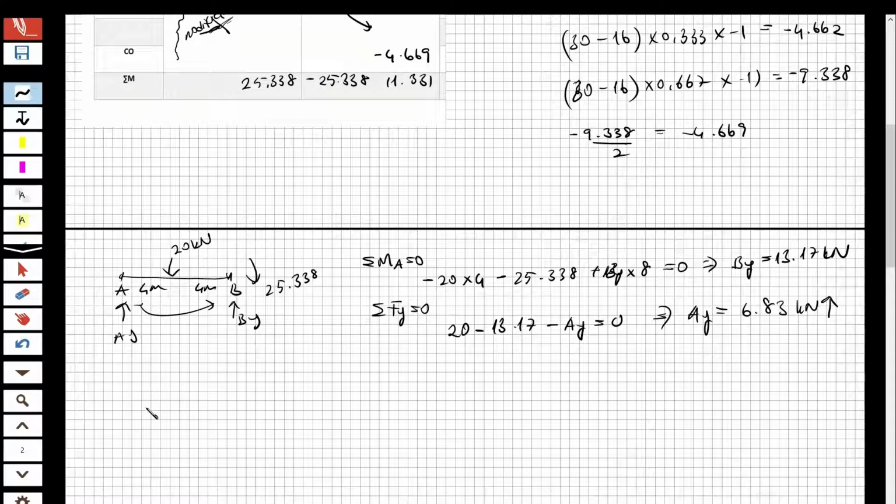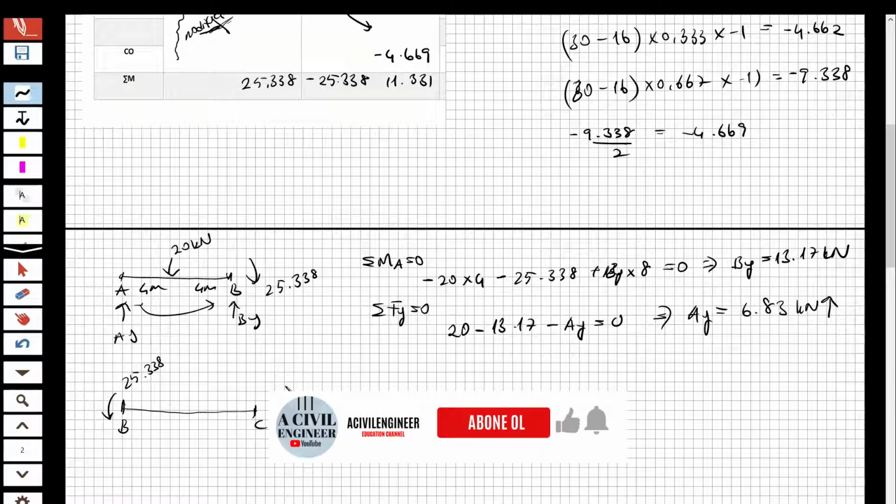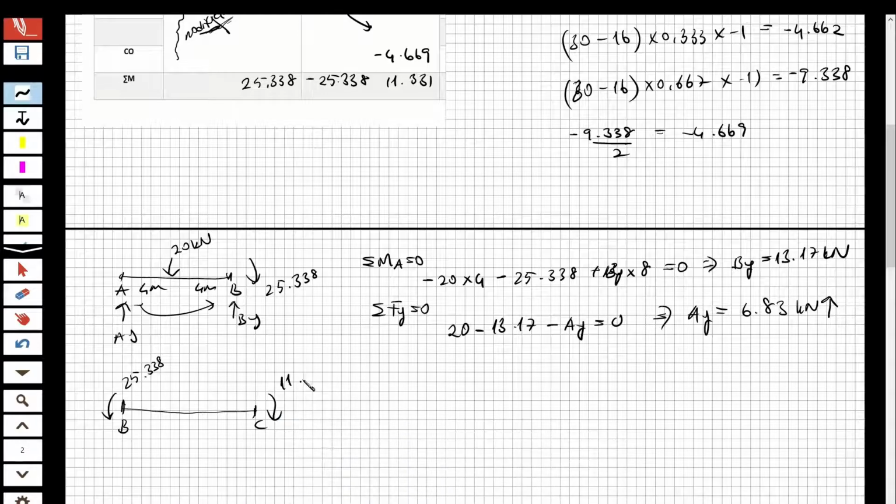So let's solve the second part. For the second part, I have B and C, and I have a moment from B to C of 25.338, and I have a moment here of 11.331. I have a distributed force.